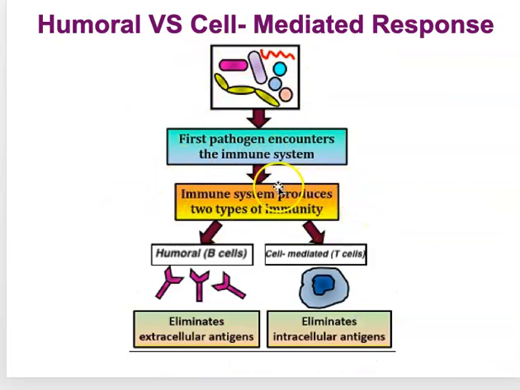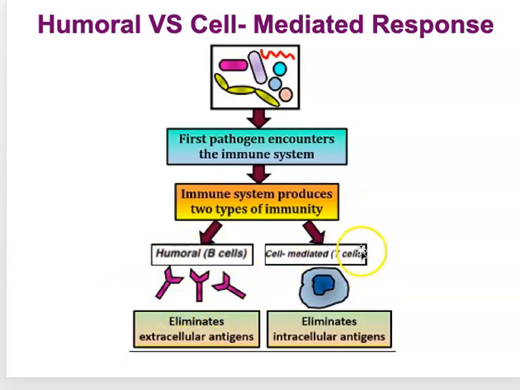The immune system is going to produce two types of immunity: the humoral immune system, which is going to activate your B cells or B lymphocytes, and the cell-mediated response system, which is going to activate the T cells. So basically what the B cells are going to do is produce all of these antibodies. If you remember, these clip-looking proteins are antibodies, and they're going to attack different foreign organisms by attaching to the antigens of the foreign organism.